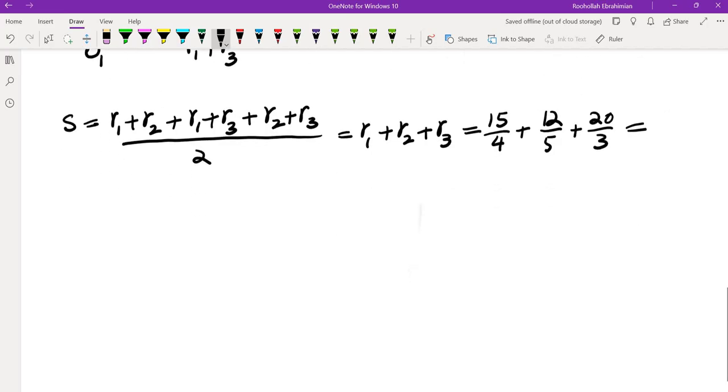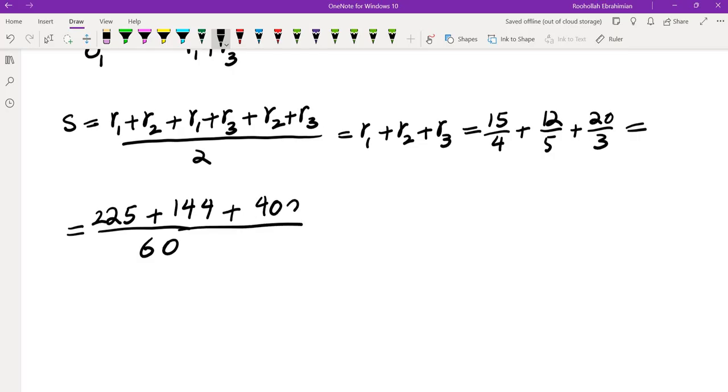We're going to add them. That gives us the semi-perimeter. The denominator is 60, and the numerator is 15 squared plus 12 squared plus 20 squared, using the common denominator. This gives me 769 divided by 60. So that's the semi-perimeter.